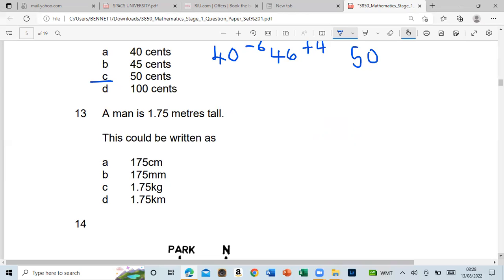Let me help you. A is correct, but remember 1 meter is equal to 100 centimeter. We don't want to do this yet. Right? So that means for 1.75 meters, you just multiply by 100 to get the answer.